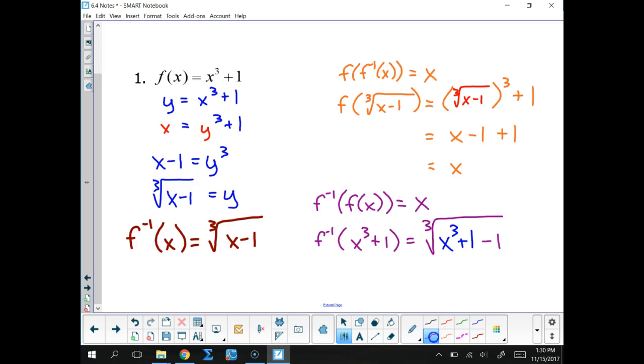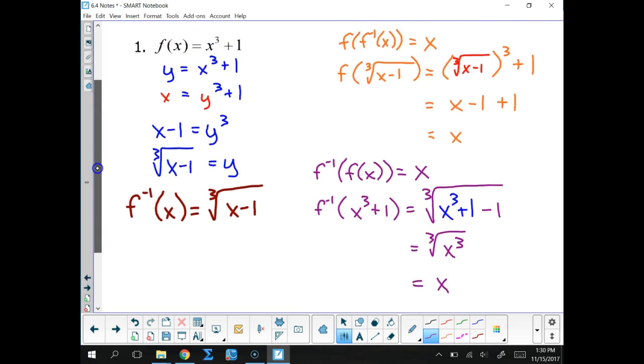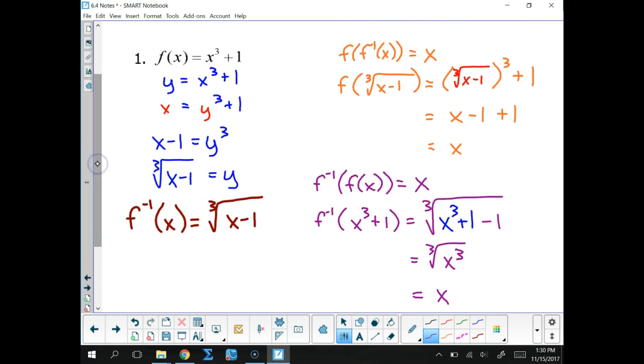X cubed plus 1 minus 1 is just x cubed. So this is the cube root of x cubed. The cube root of a cube does what? Cancels each other out. So that just leaves me with x. So we've verified that this is the inverse of our original function.